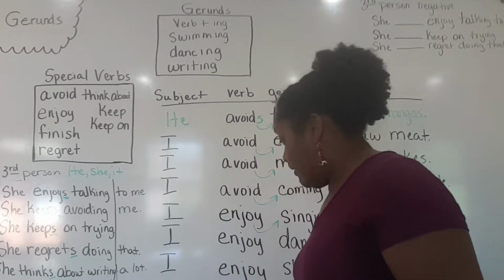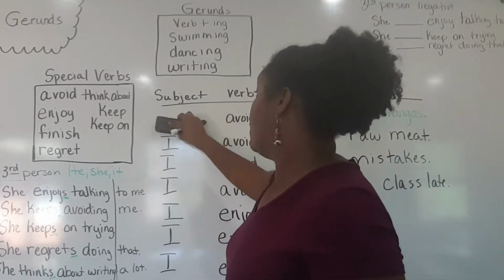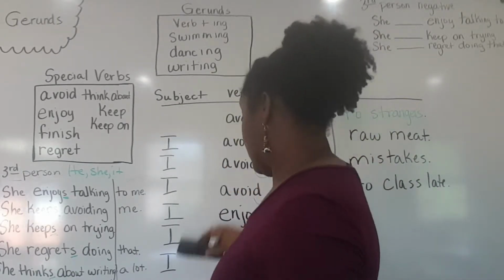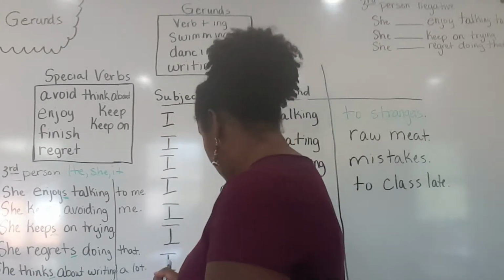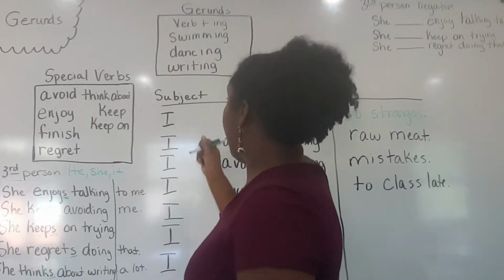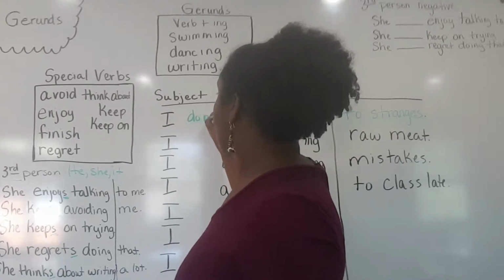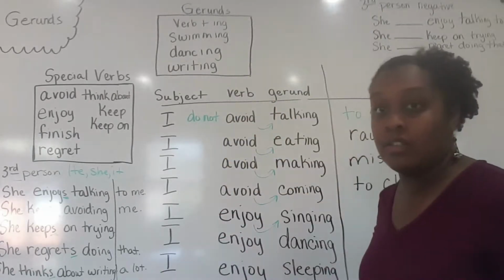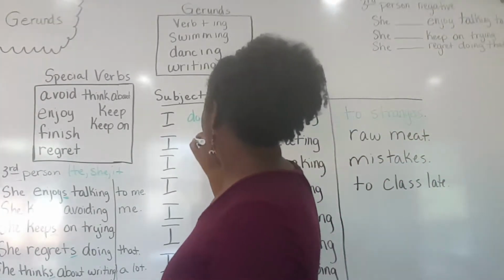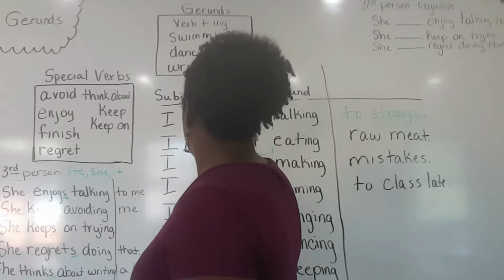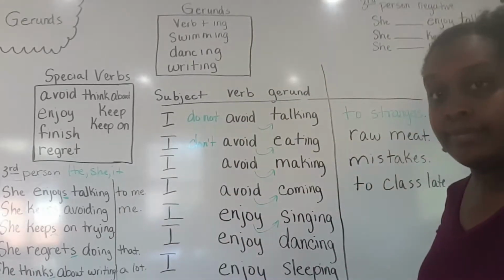Now, that's the affirmative. If you want to speak in the negative, this is how you do it. You say, I do not avoid. Or what is more common, we say, I don't avoid.